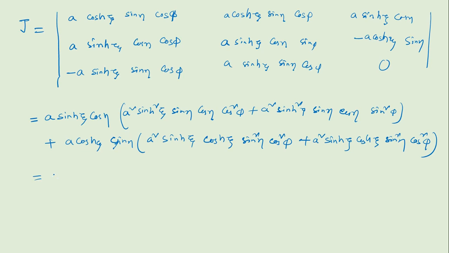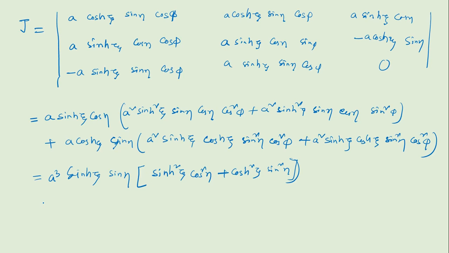So just take the common, we will get like that, that is a cube sinh xi sin eta within bracket sinh square xi cos square eta plus cosh square xi sin square eta, and just convert the cosh into sinh.